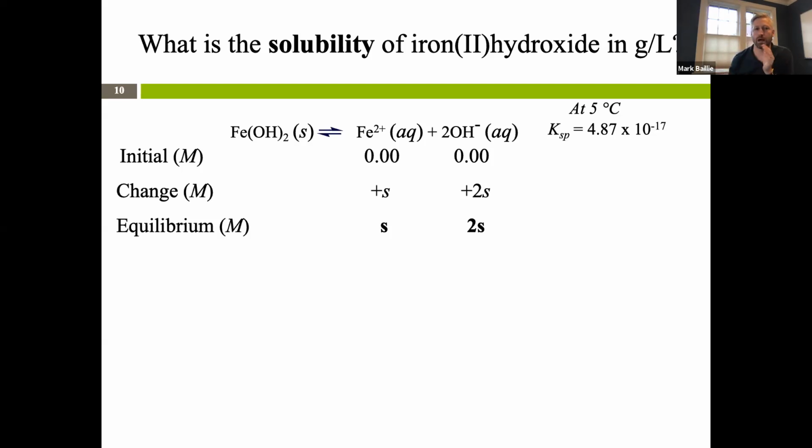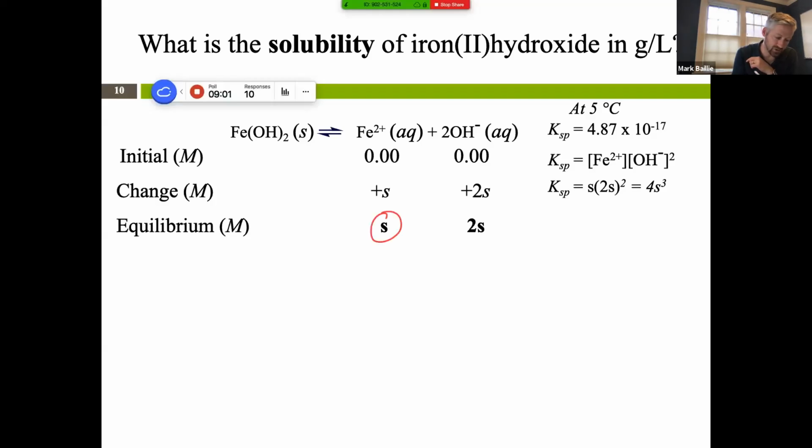So then we have to go back and plug those values into our equilibrium KSP, exactly as they are, and don't forget about the exponent as well. So we have our concentration of iron at equilibrium, our concentration of hydroxide at equilibrium raised to the 2nd power.